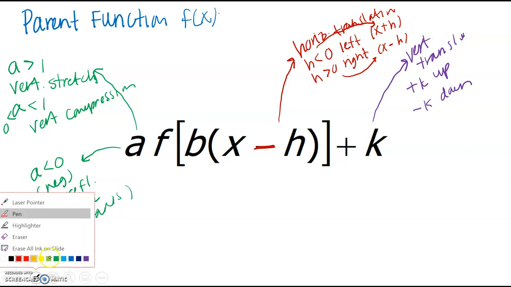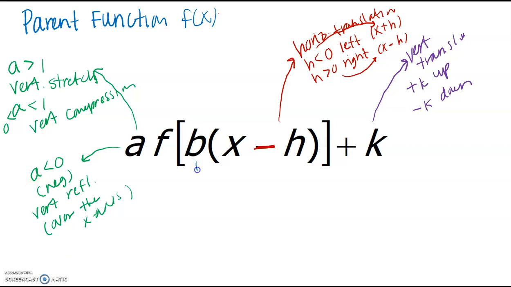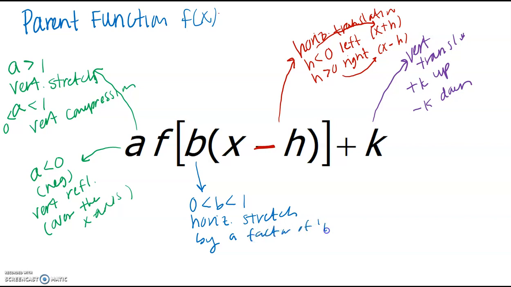The other thing we have is b. If b is between 0 and 1, again, this is going to be opposite what we expect. This is a horizontal stretch by a factor of 1 over b.